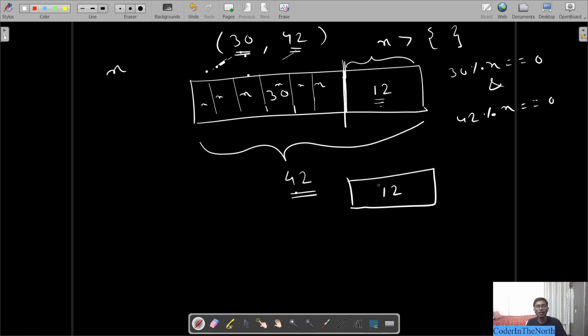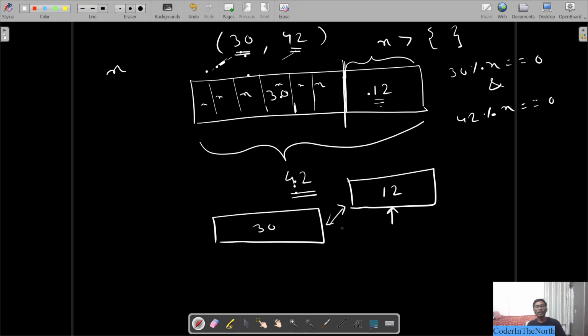Now my sub problem is I have to find such x which will divide this 12 and 30. Why 30? Because here I converted 42 into 30 and 12, and I considered such x which will divide this 30, so that x must divide 12 also. Now I have this sub problem.